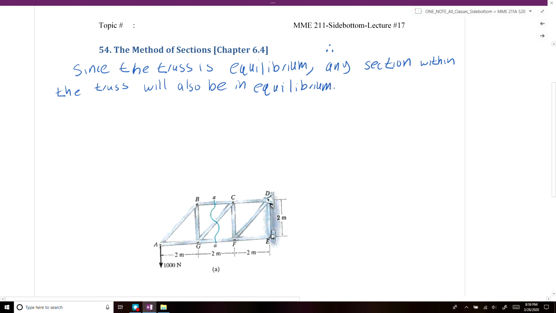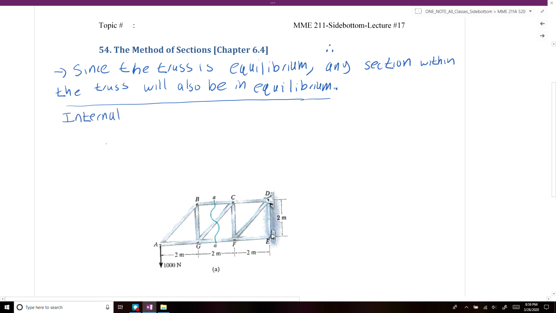In order to apply this assumption, we need to discuss something called an internal force.